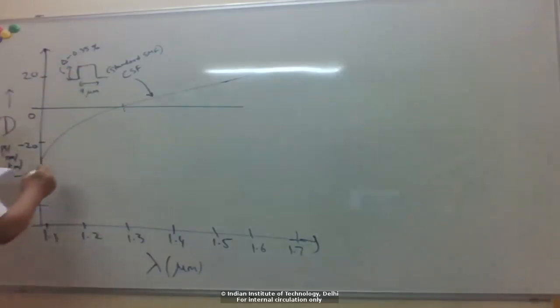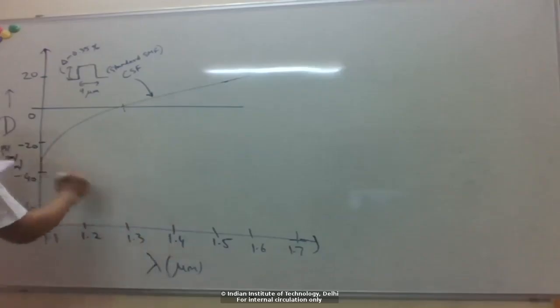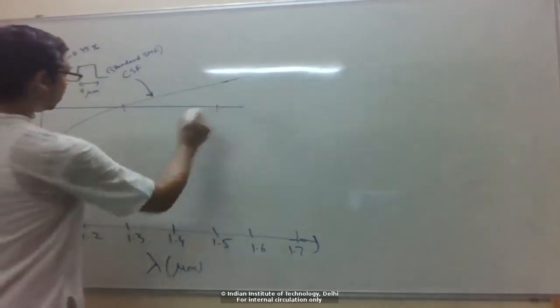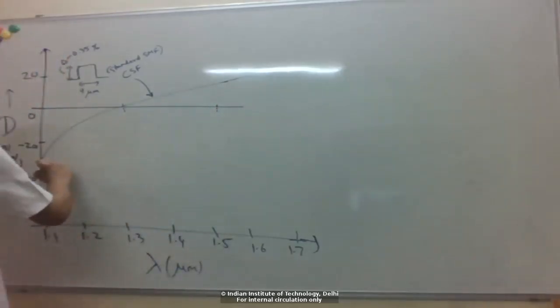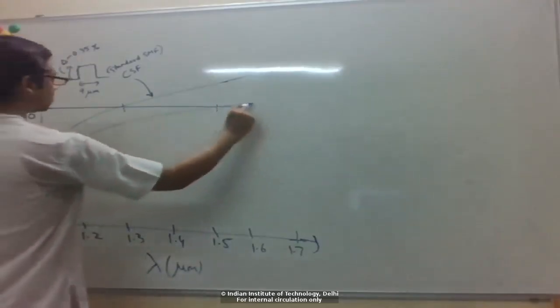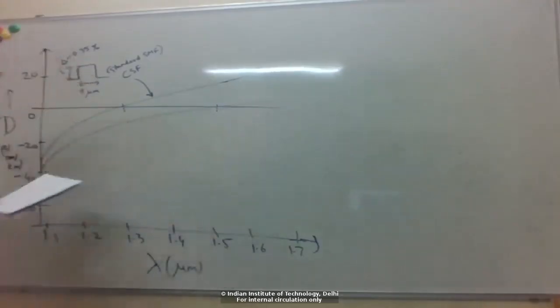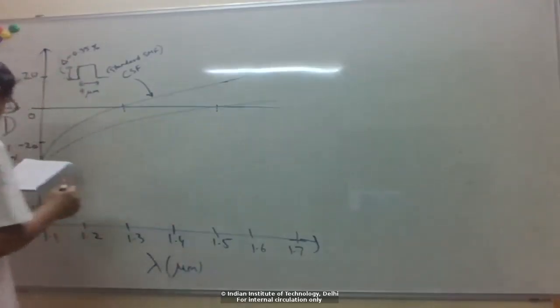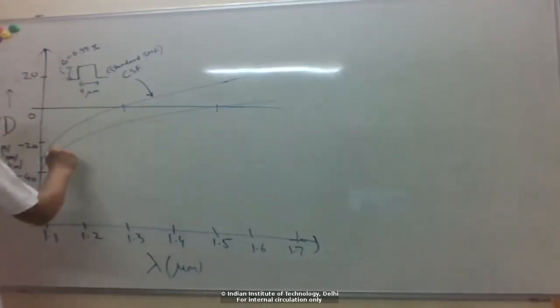So that was a dispersion shifted fiber, where it would shift the zero crossing to above 1.5 micron. Okay, so this is the dispersion shifted fiber.